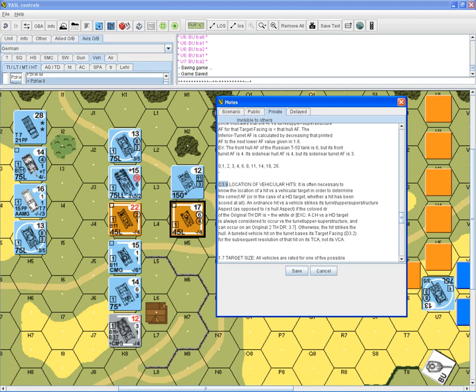If the colored die is equal to or greater than the white die, then you've hit the hull. So if we had an example here, I will just roll 2 dice. Remember, the first die here is the colored die. Our colored die is a 2. Our white die is a 6. In this case, our colored die is less than our white die. In that case, we have hit the turret.